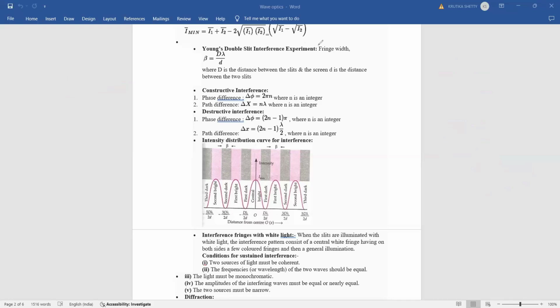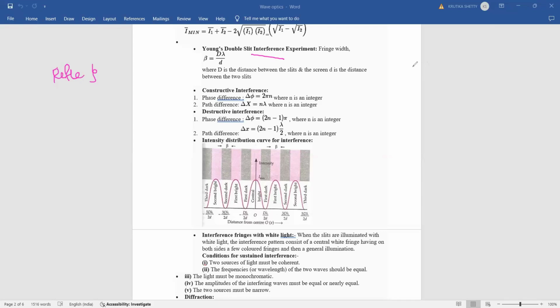So what is interference of light? How you study reflection and refraction, each is one phenomenon. Similarly, interference is also a phenomenon that takes place naturally.